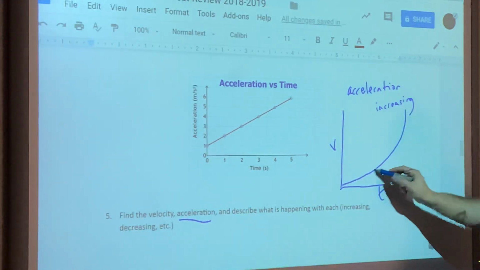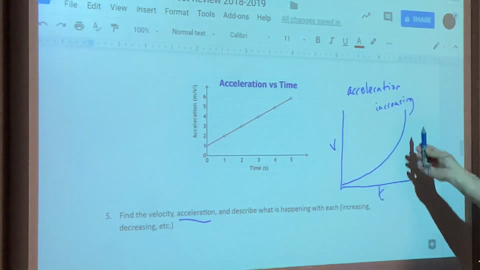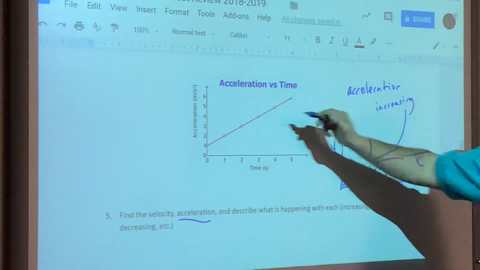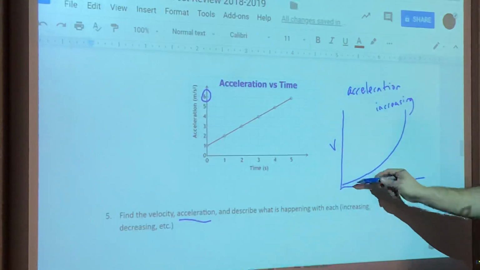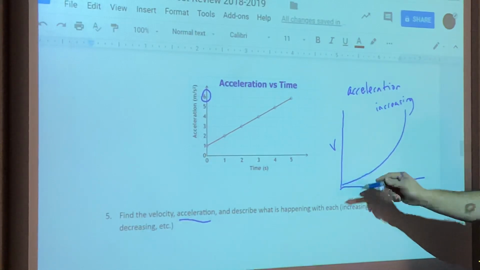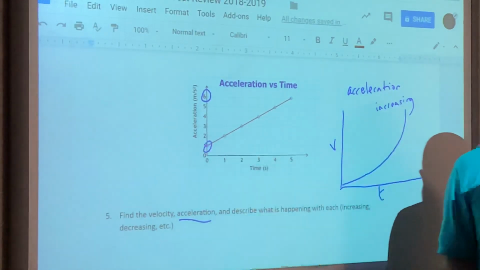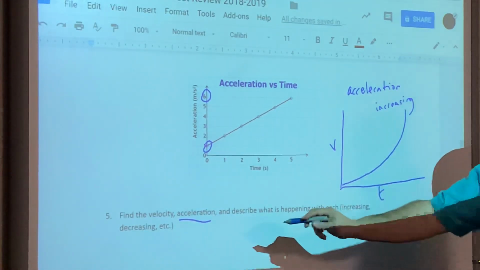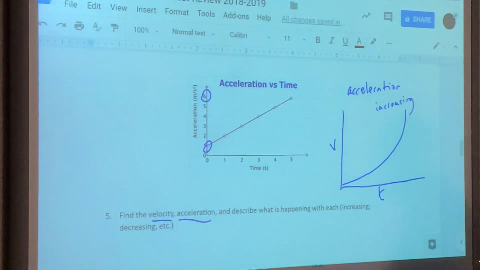It would cause this little curve right here. See, right here, the velocity is getting faster and faster at a faster rate because you have a bigger acceleration, whereas down here, it's slower, more gradual because you have a lower acceleration. Okay? So this would describe how the velocity is going to look. Draw a little graph to show that.